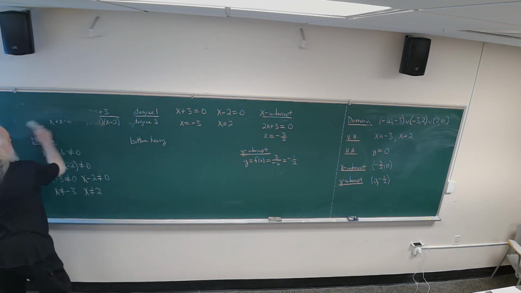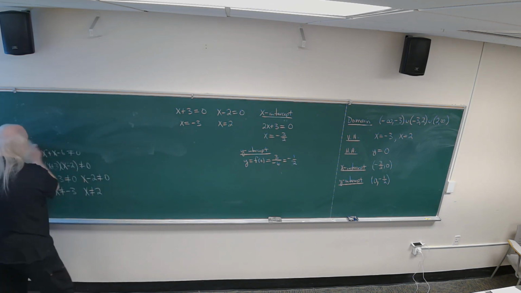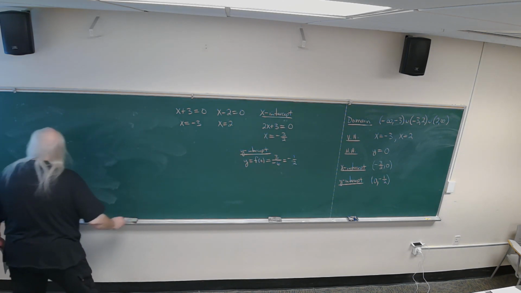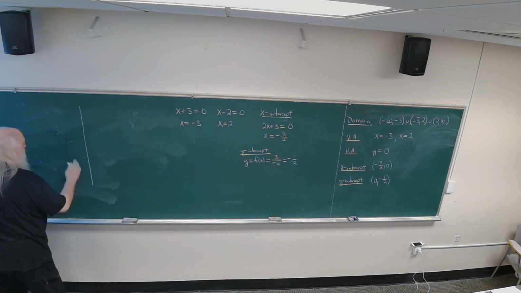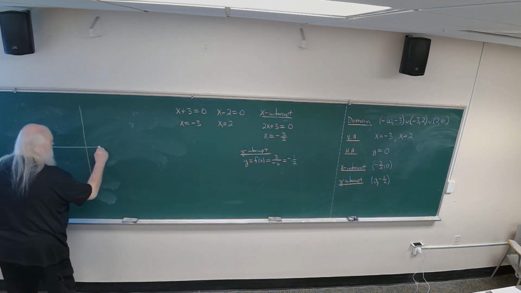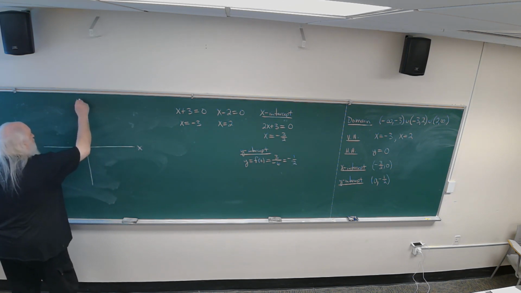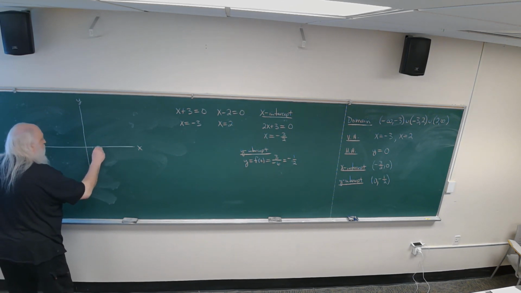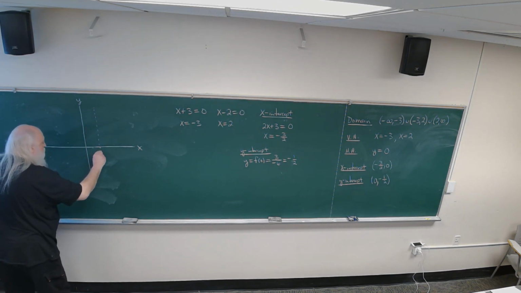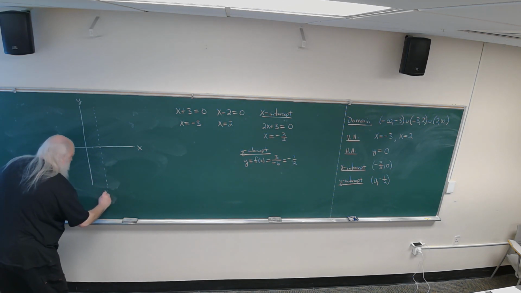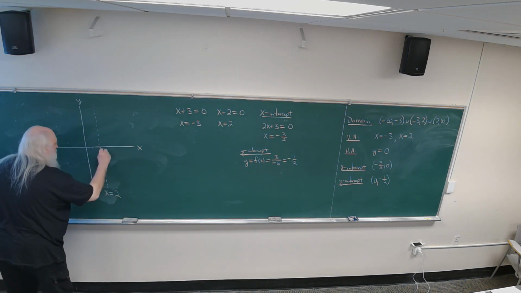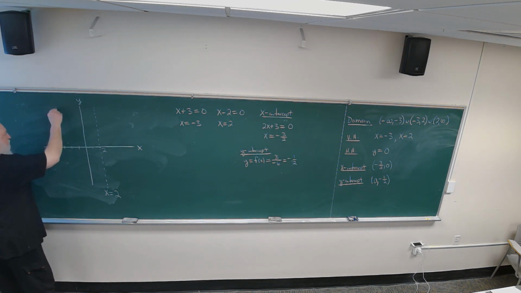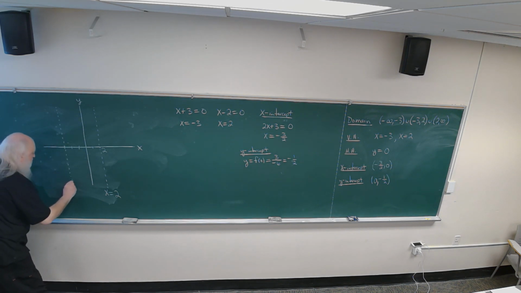And so we can plot the x-intercept and the y-intercept in the graph of this rational function. So I have provided you with a grid. So here's the vertical line, x equals 2. And here's the vertical line, x equals minus 3.